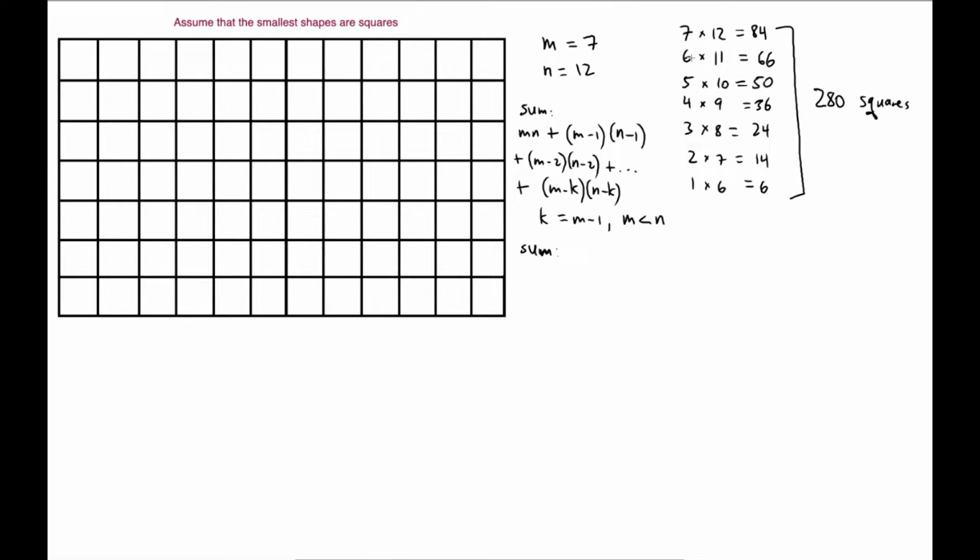Notice that there's going to be precisely 6 more, right? Because this is the first one, mn, and there's 6 more. So in total, there will be 7 of these products. So that means there will be m products of mn, right? So that means we're just going to multiply mn times m, right? Because there will be m products mn.